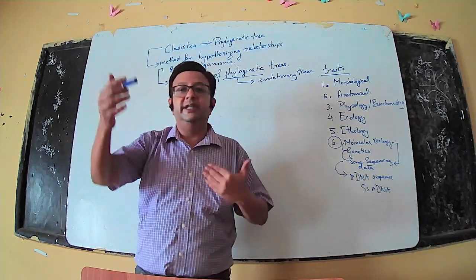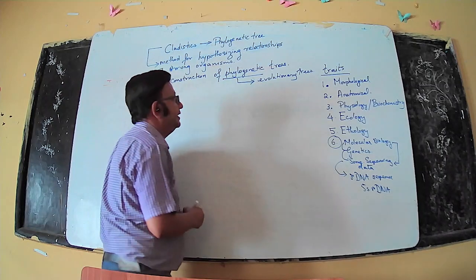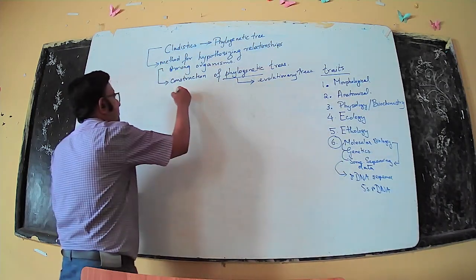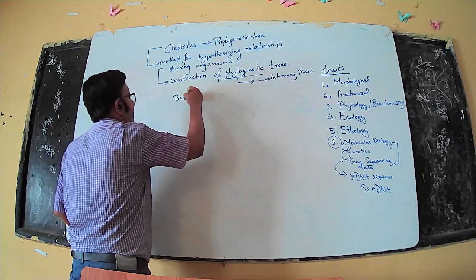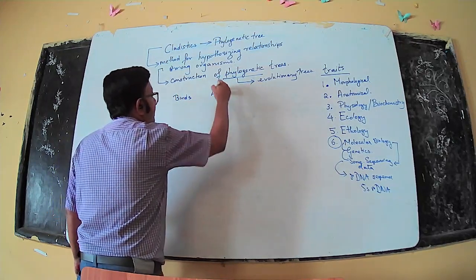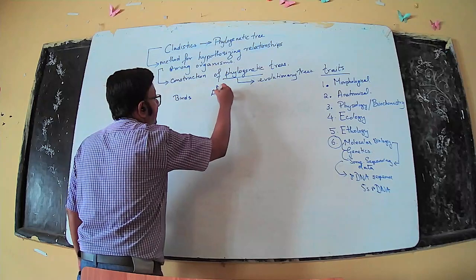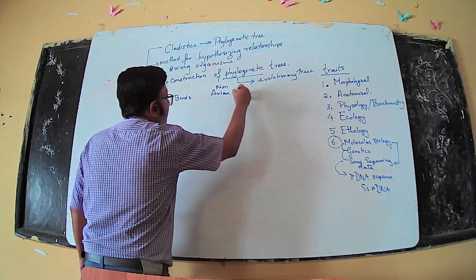ancestor to descendants. Let us consider birds and avian, non-avian dinosaurs.